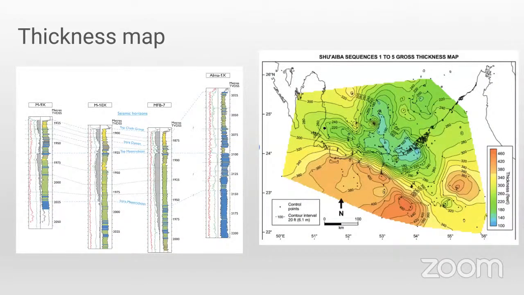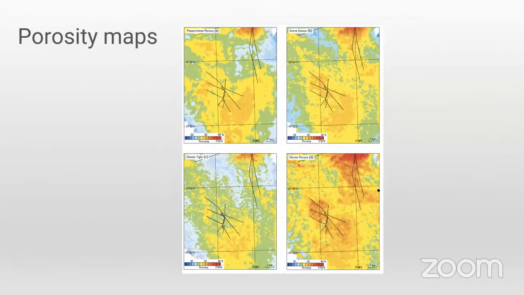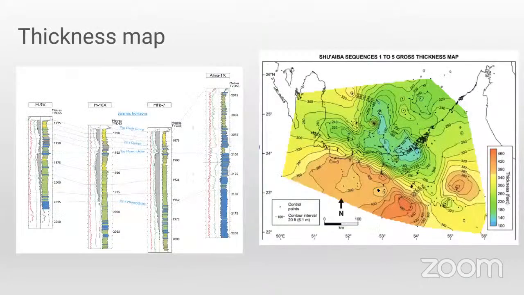Okay, after that, based on the zonation, as I mentioned in the previous sections, you must prepare a thickness map, or an isopack map, for each zone. I will talk about this thickness map in the next slides.